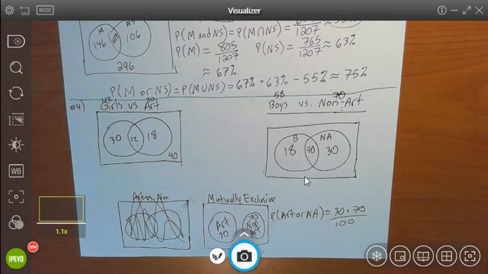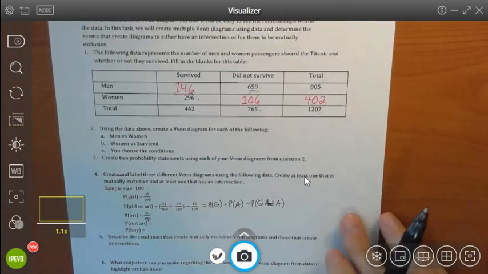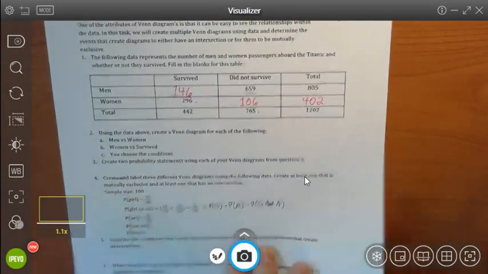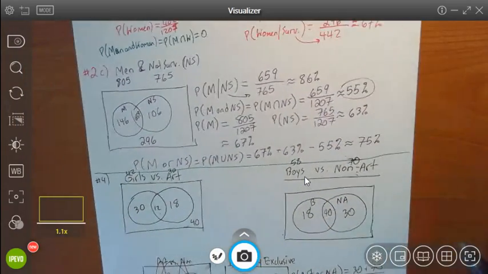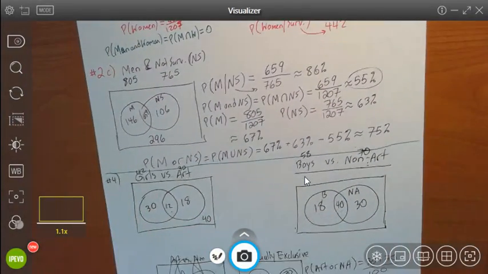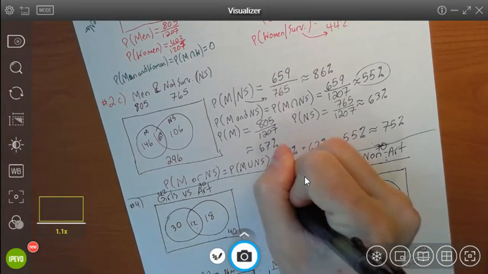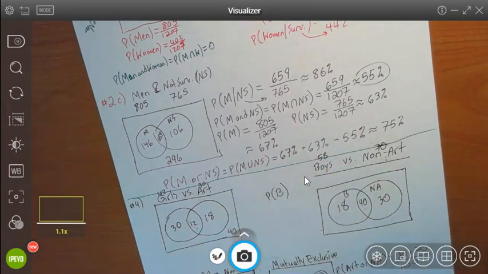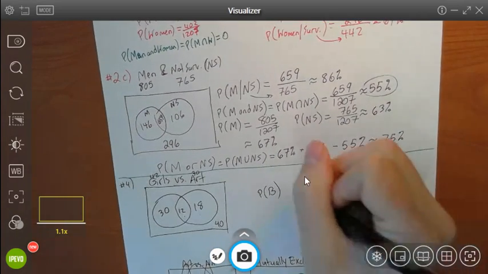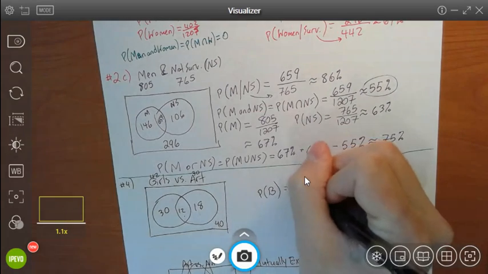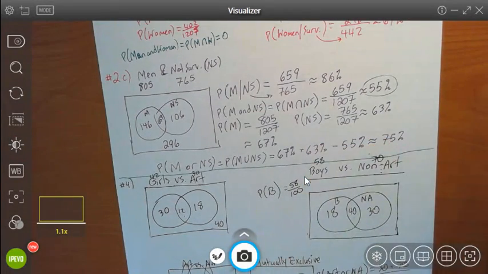And we can finish this off. So we want to find some probabilities, the probability of not art and the probability of a boy. Well, those are easy ones to find. So here, some practice with some ones. So the probability of being a boy in this case was 58 out of 100.